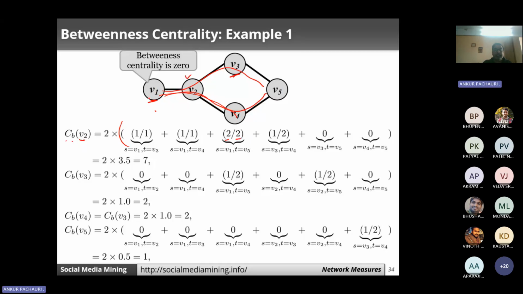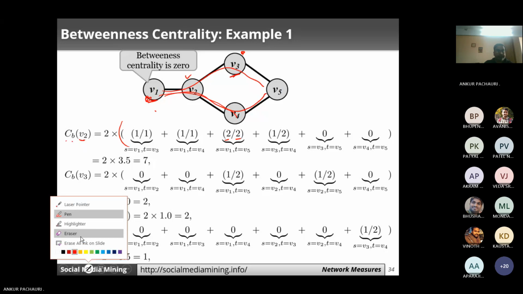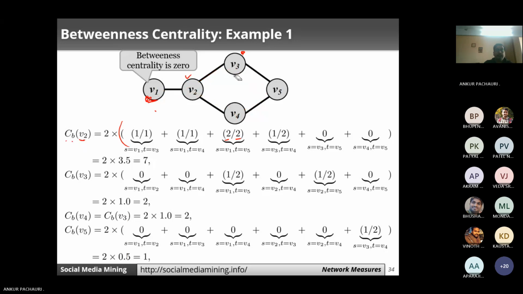Okay, so V1 is done. Fine. I cannot take V2. Now V3. Now for all pairs from V3. V3 to V1 is already done, so I cannot take V3 to V1 because I have already found V1 to V3.